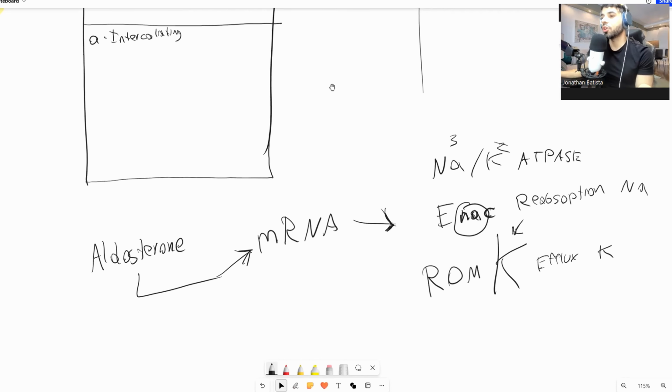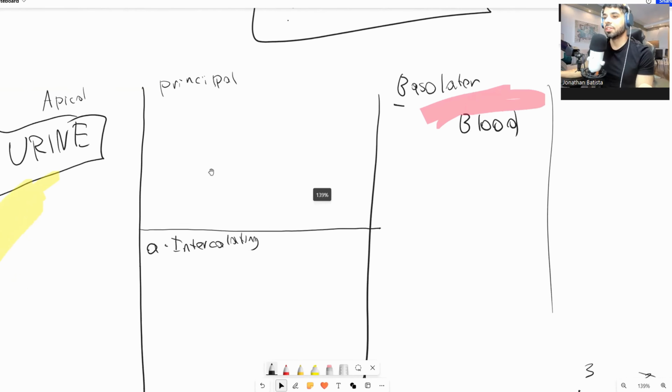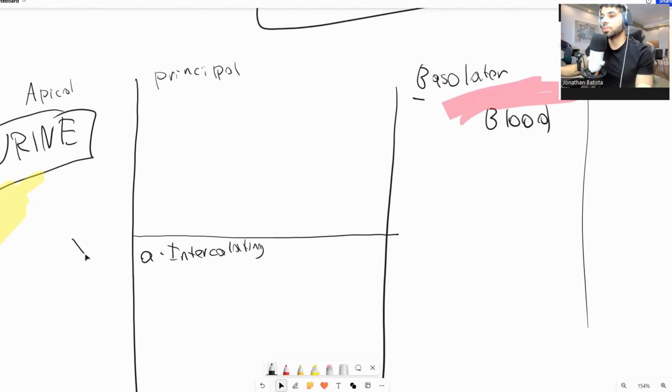So let's put these channels on these cells. So we said in this side, we have the sodium, potassium, ATPase, right? Reabsorbing sodium, we said 3, and then this 2. That makes sense.